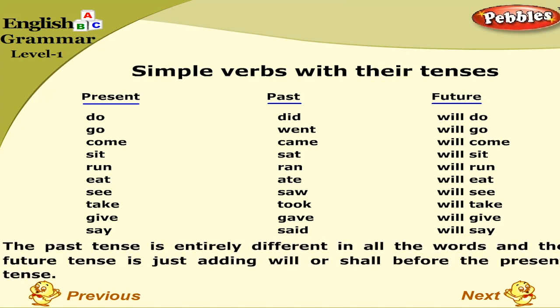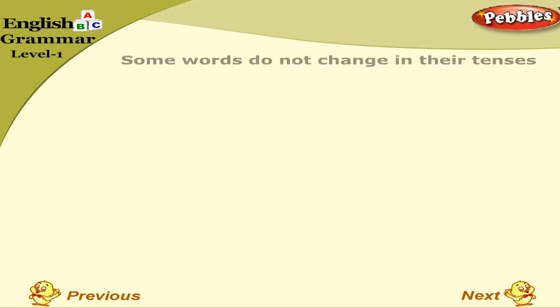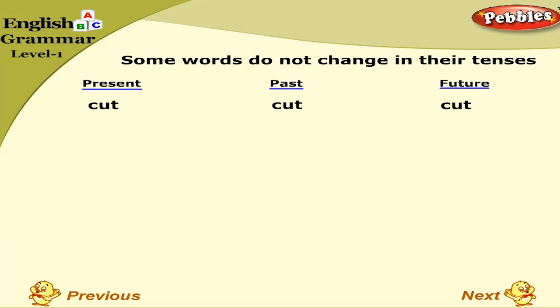The past tense is entirely different in all the words, and the future tense is just adding will or shall before the present tense. However, some words do not change in their tenses. Cut, cut, cut. Put, put, put.